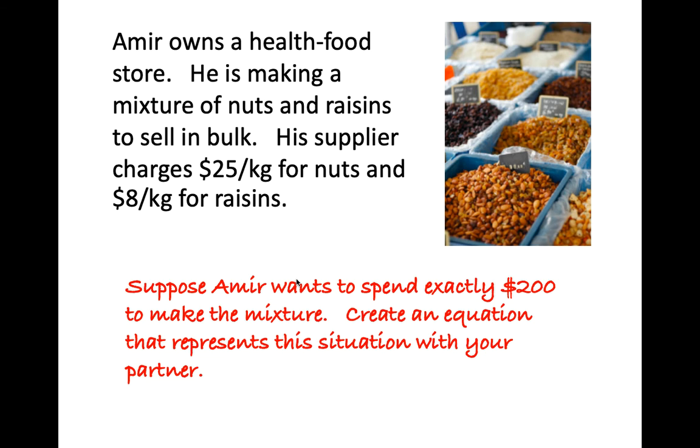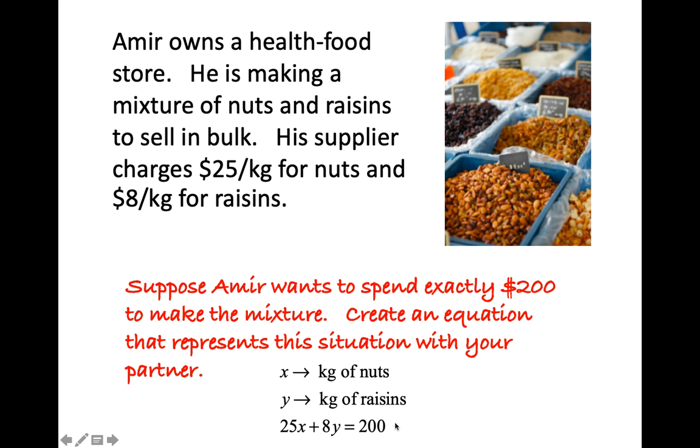Create an equation that represents his situation with your partner. The first thing we did was establish that the things that are changing are the kilograms of nuts and the kilograms of raisins. I believe the way we set it up was we called this x for the nuts and this one y for the raisins.